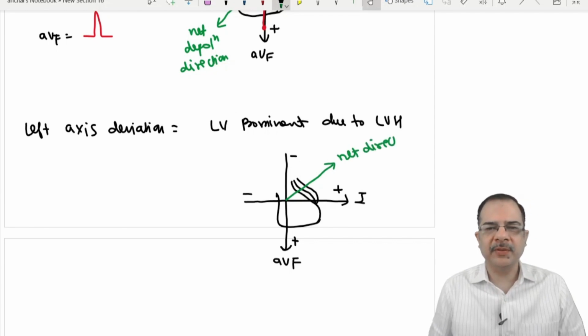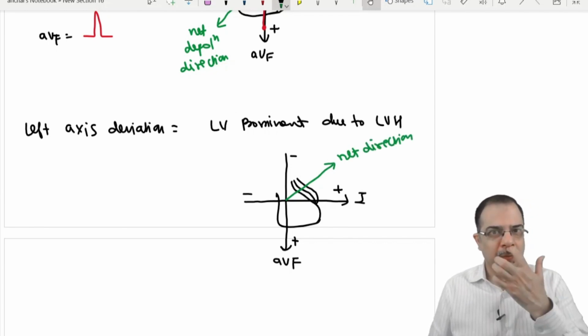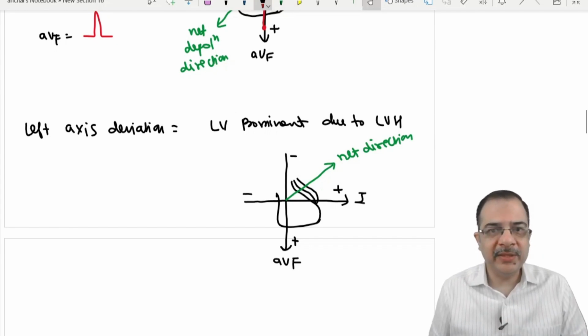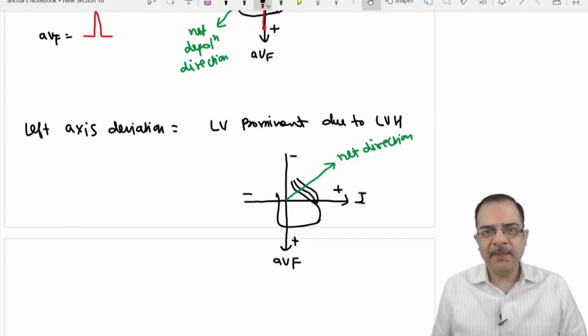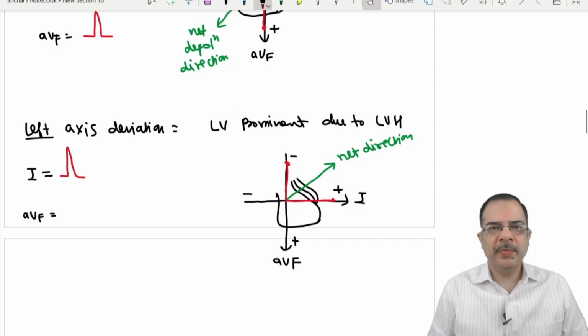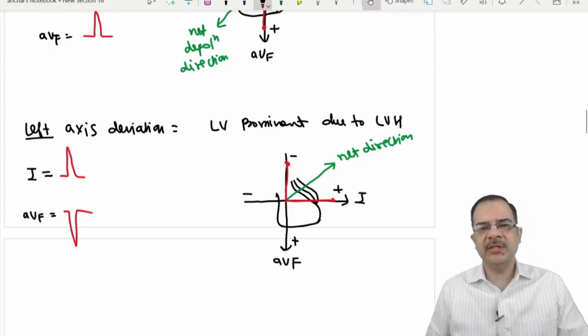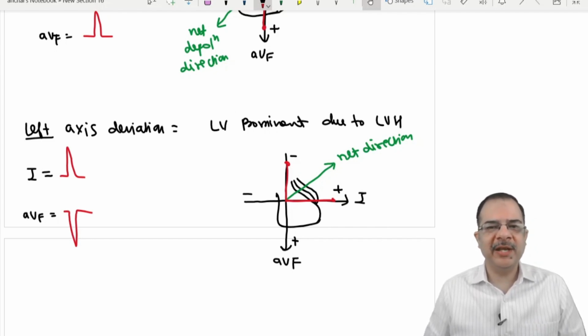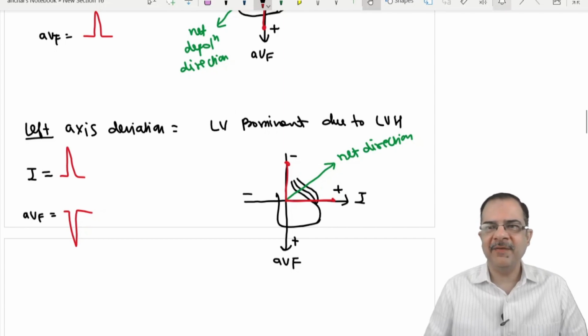To get the resultant QRS amplitude in this direction, lead 1 should have a positive QRS plotted here and AVF should have a negative QRS plotted here. So mandatory the resultant will be in this direction only. So to get a left axis deviation, lead 1 QRS should be positive like this and AVF QRS should be negative like this. So this is how to calculate the left axis deviation, and it will be a negative angle.